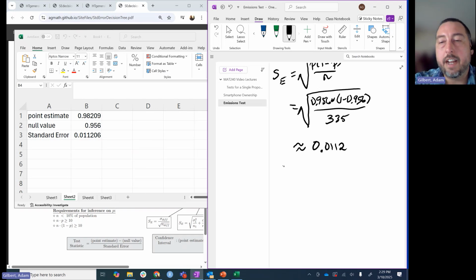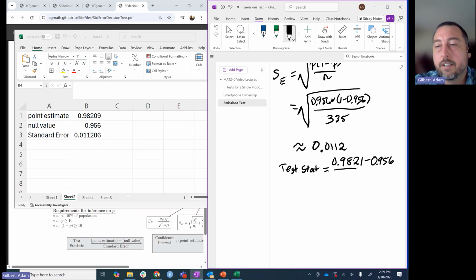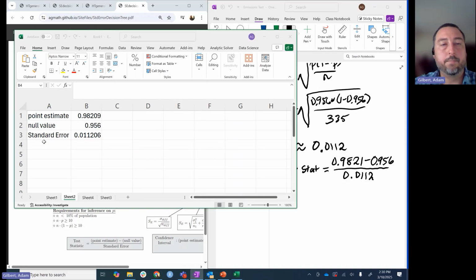That test statistic again: test stat is equal to our point estimate, which was 0.9821 minus 0.956, the null value, divided now by the standard error that we found, 0.0112. And again, we'll go to Excel to calculate that test statistic.